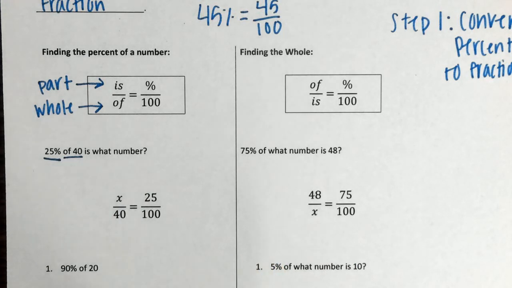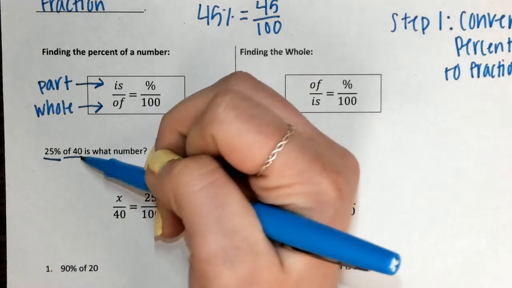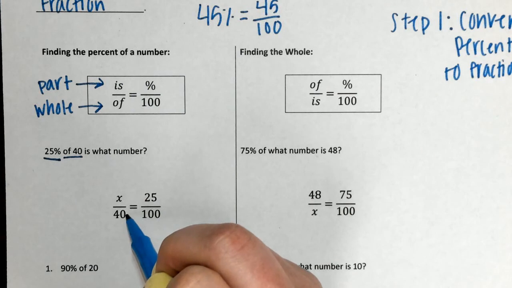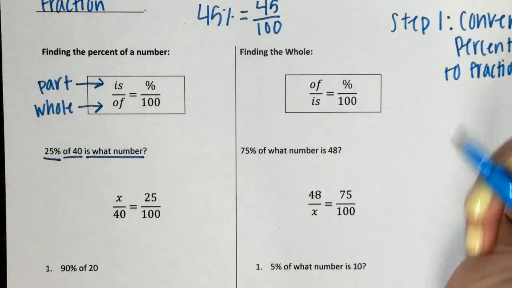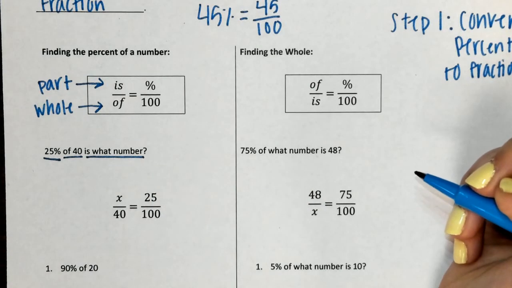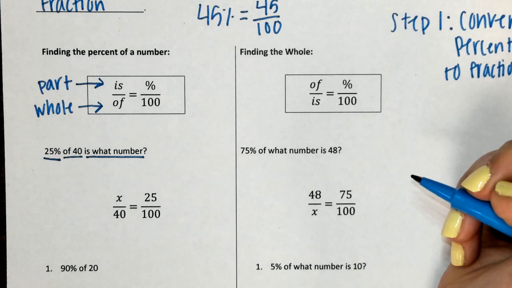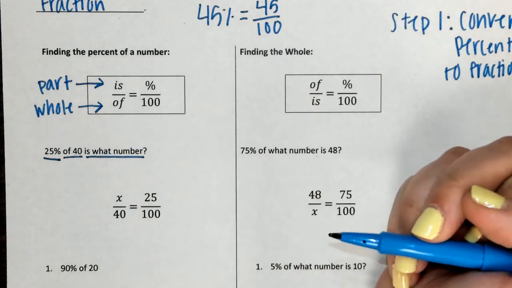To find your of or your is, you have to find what's following the word. So 40 is going to replace of, which is what we did here. So we put 40 on the bottom. And then it says, is what number? There's not an actual number following is, which means that is what we are missing.